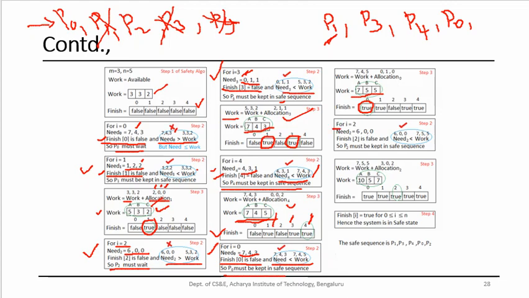Now there is only one process left, that is P2. We have to check whether we can meet its requirement. Of course its requirement can be met, so we add P2 to the safe sequence.